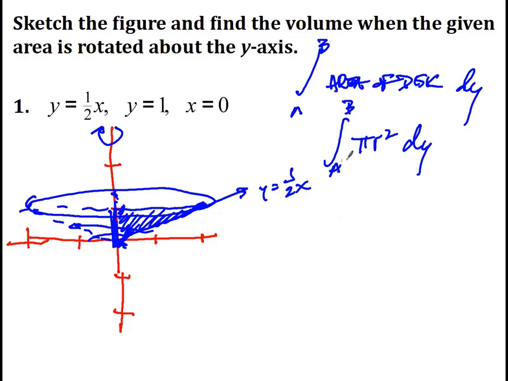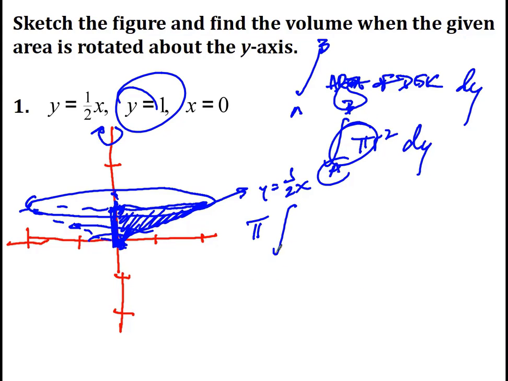Now, our a and b values are going to be with respect to the y-axis. Looking at this, we can see that we're going from 0 up to 1. This horizontal line creates our upper boundary. Now I can bring this pi out because that's just a constant.